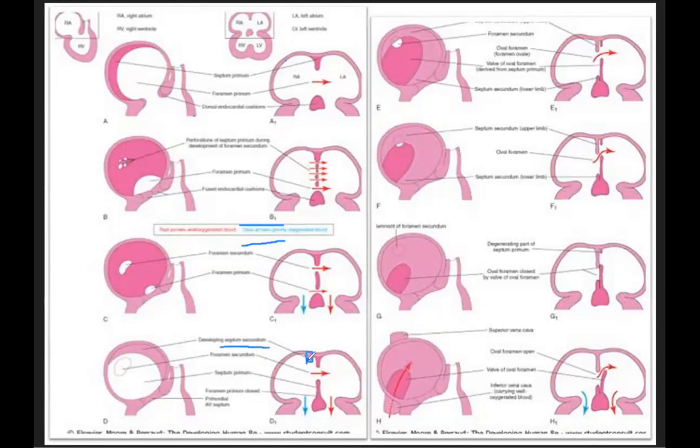What happens here is this little septum growing, it will move downwards, okay. It will try and move downwards.